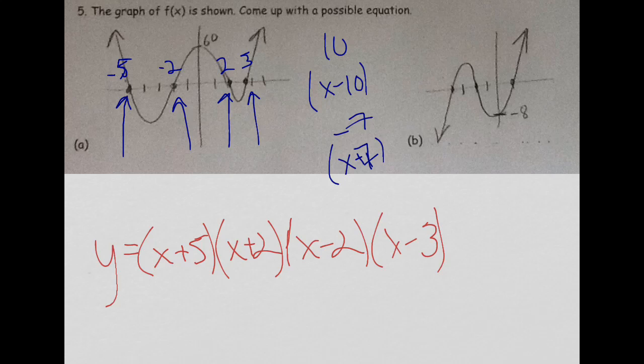What I mean by that is this guy opens up, right? It's an x to the 4th function that looks like that, as opposed to an x to the 4th function that looks like this, the one that opens down. So if it was down, then we want to throw a negative sign out front. But since this thing opens up, what I have written in red down there is our final answer.